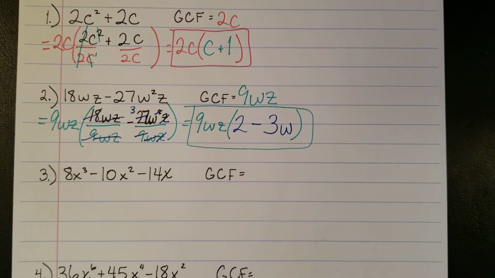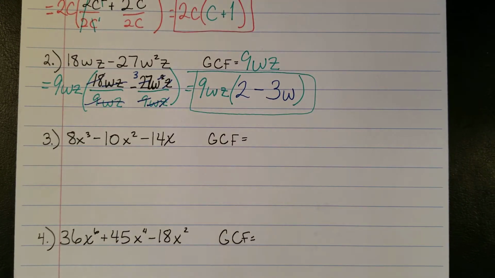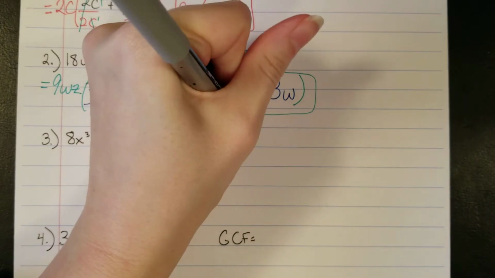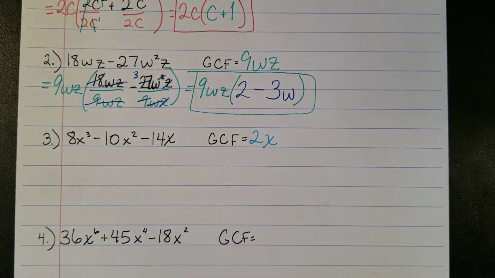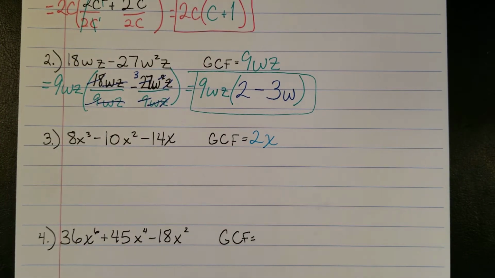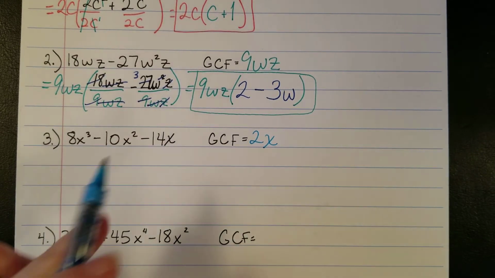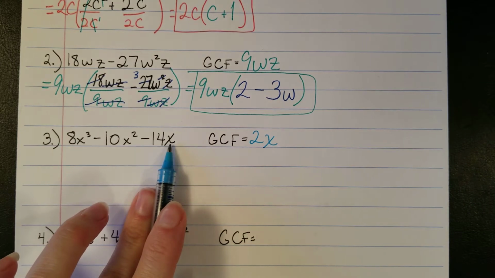All right, number 3, the GCF is 2x. When it comes to the variables, if they all have a variable in common, you're just going to go with the least power of that variable. So in this case, just the power of 1.